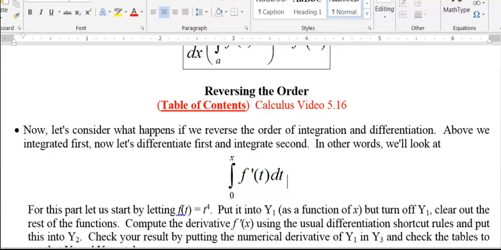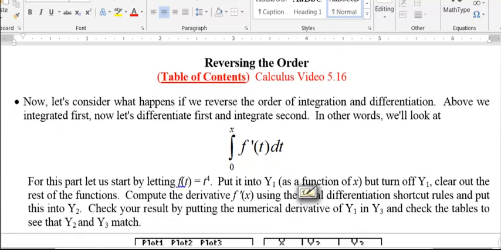Now compute the derivative, f prime of x, using the usual differentiation shortcut rules. Put it into y2, and then let's use the numerical derivative of y1, put that in y3, and check to make sure those tables for y2 and y3 are the same to check your derivative formula. Good practice. So go ahead and get your calculator out and try that. When you've satisfied that you've got all that worked out, then come back to the video. Press pause now.